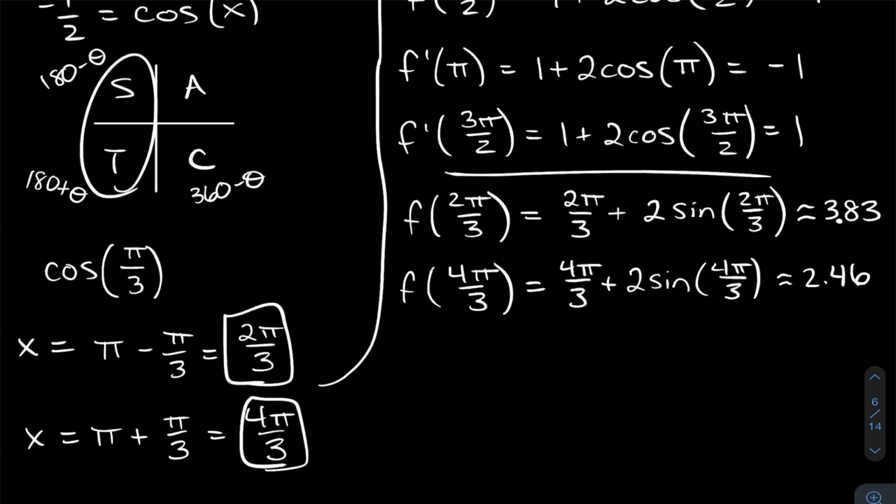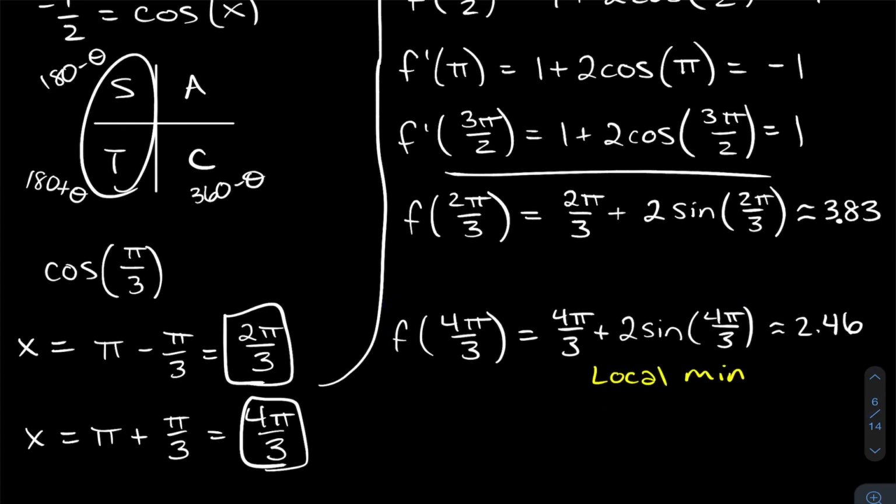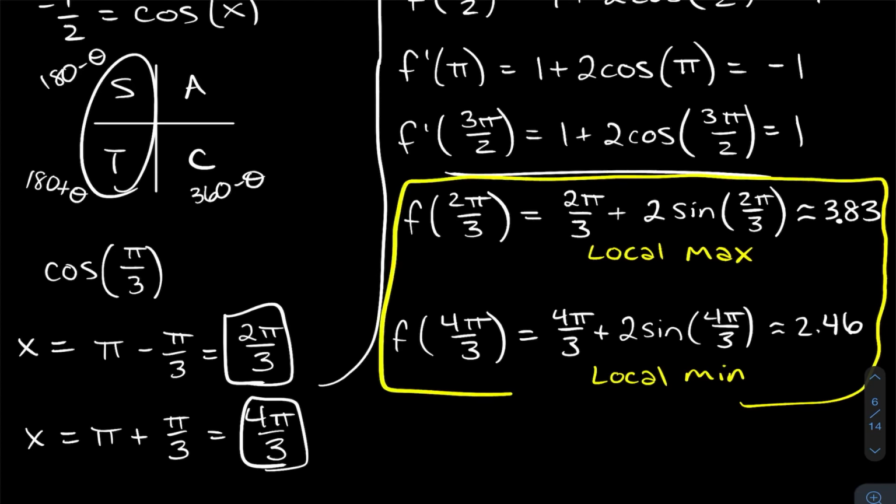And so we can even write, this is a local min, and label the other guy as a local max. Okay, and then we circle these guys up.